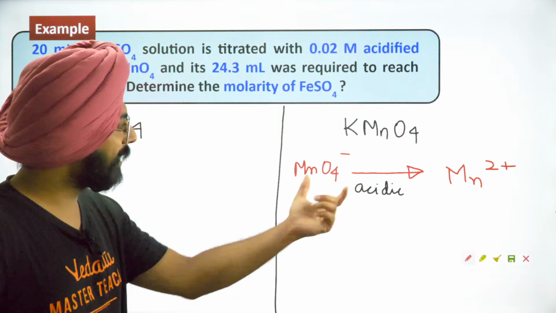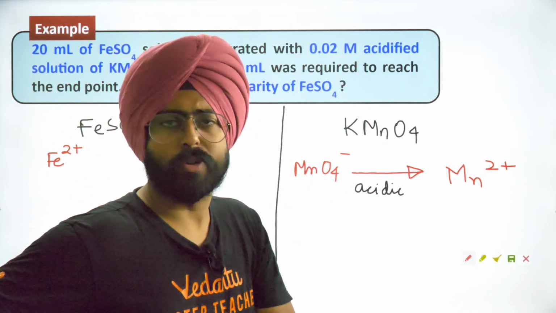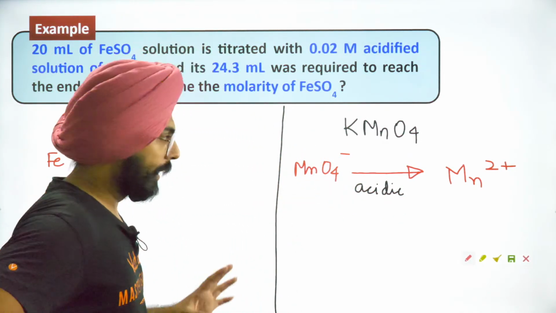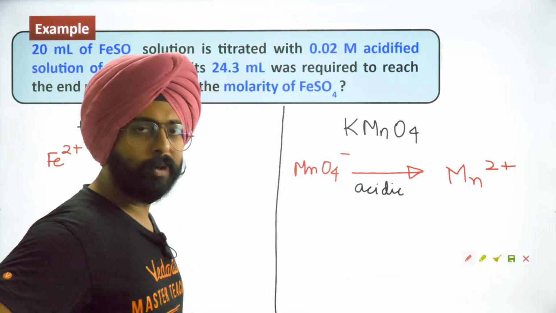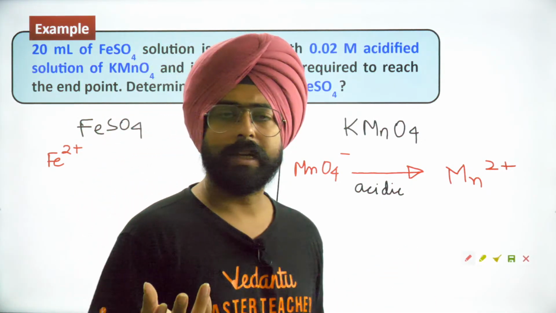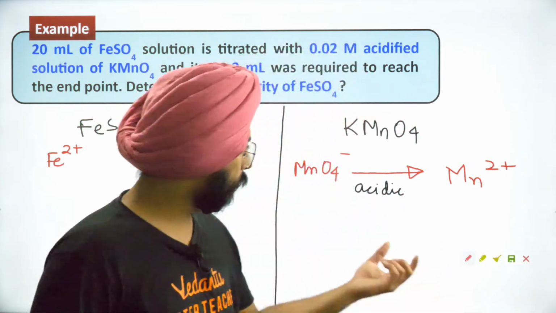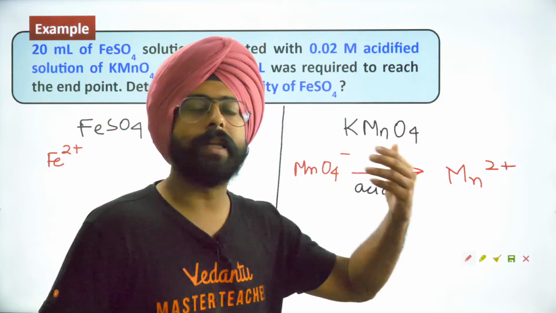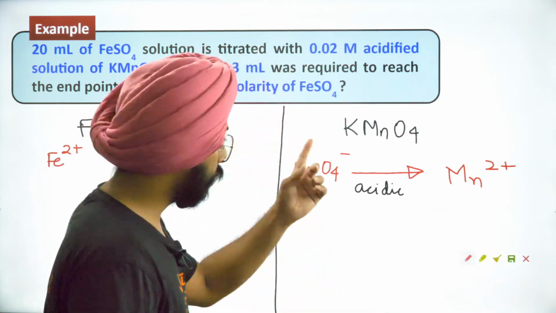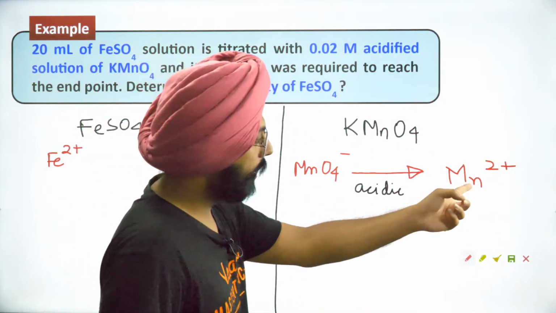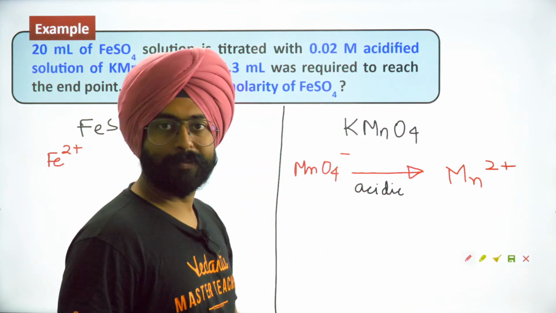This is something that we had discussed in the very first class of redox reactions also. While I was balancing that redox reaction for you, you asked me, sir, how will we know whether it is acidic condition or basic condition? And I said that it will either be mentioned or some hint will be given that tells you whether it's acidic or basic. So MnO4 negative under acidic conditions turns into Mn2+.